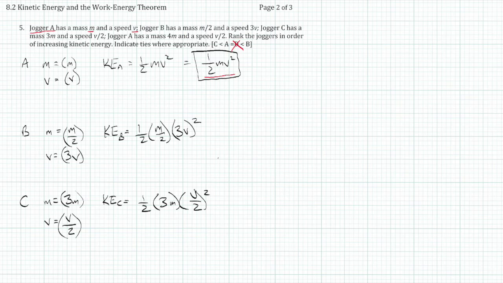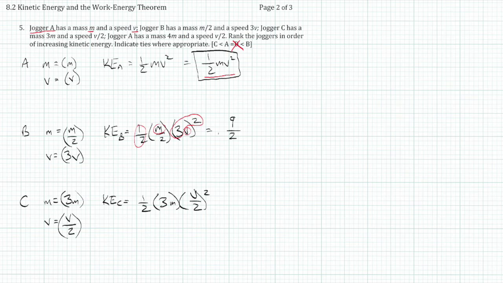Okay, so what do we have for B? Well, we have our 1/2 and our m and our v squared, but we're also going to have in the numerator a 3 squared, right? Because that's going to be 9, because that 3 is squared as well as the velocity squared. And then in the denominator we have this lone 2 by itself.